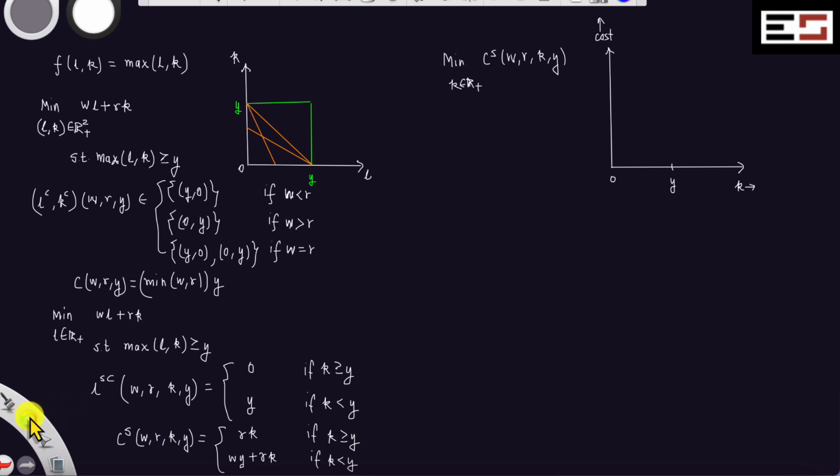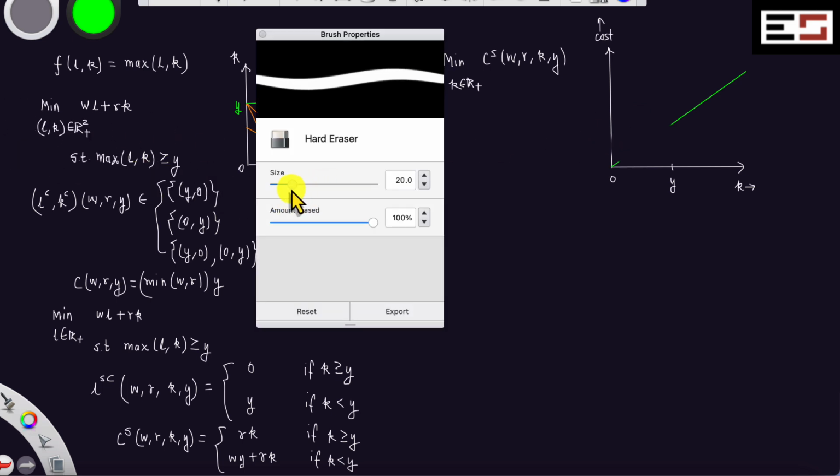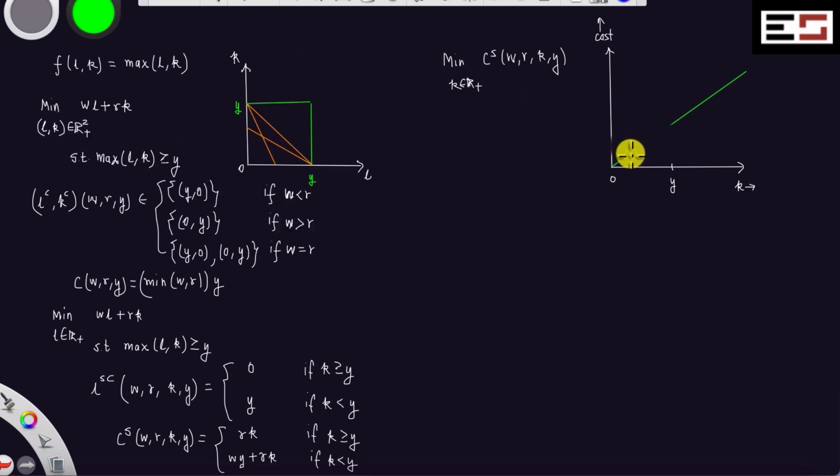So if we plot the cost function, it will be rk like this, and this is the case if k is greater than or equal to y.